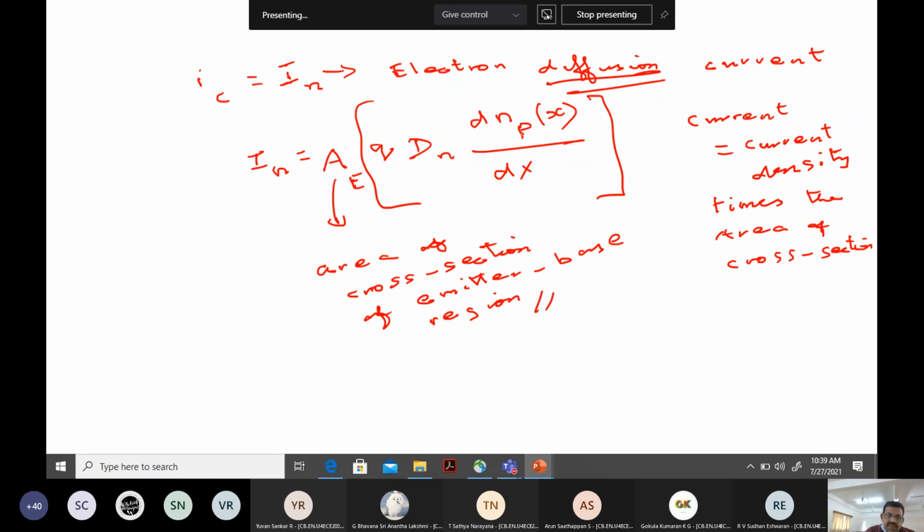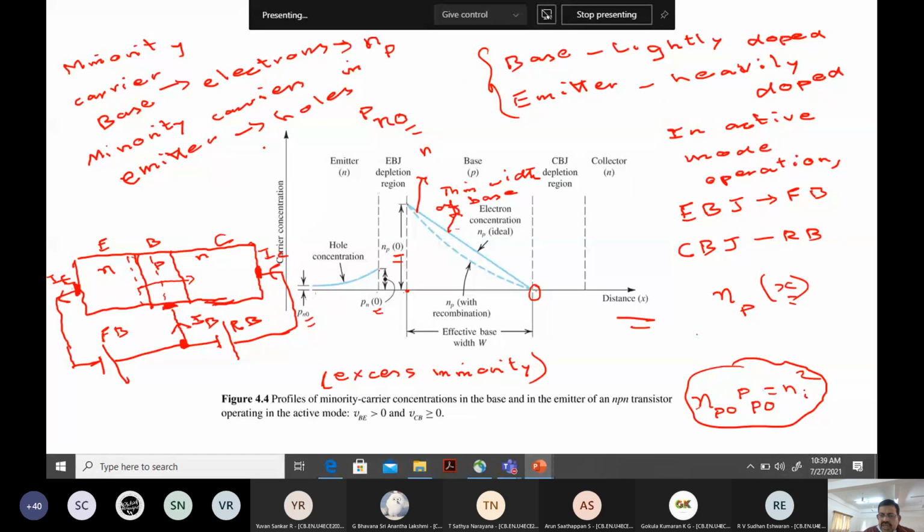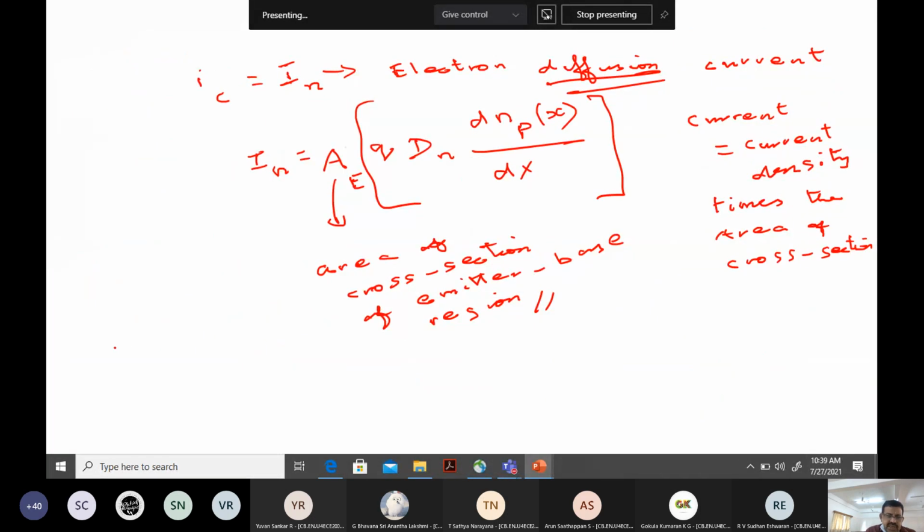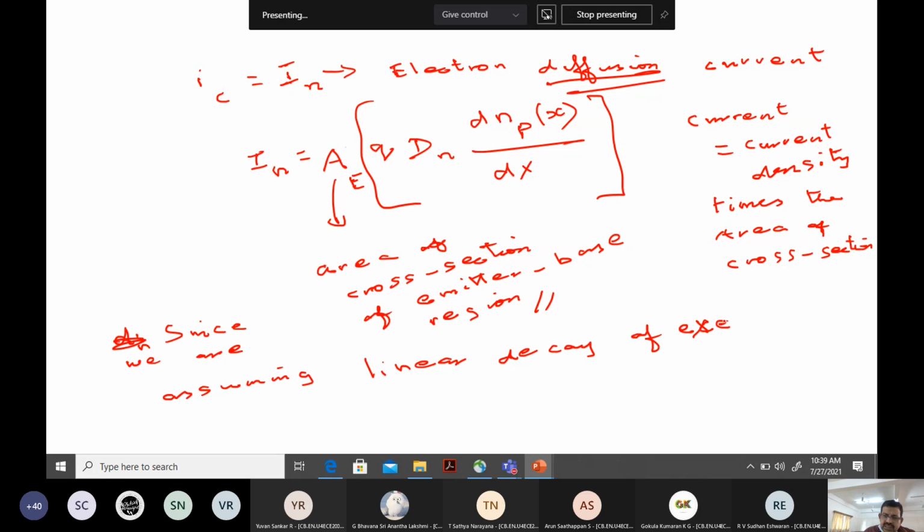Now, since we are assuming a linear decay of the excess electron concentration in the base region, why decay?